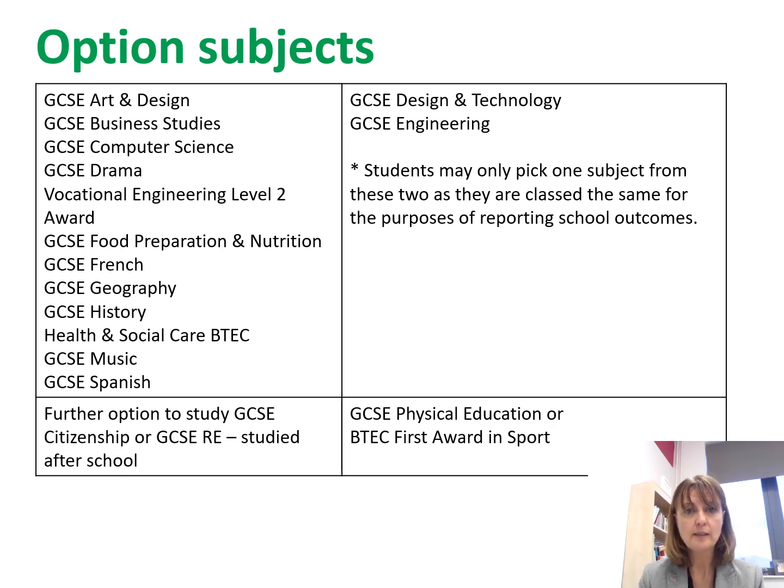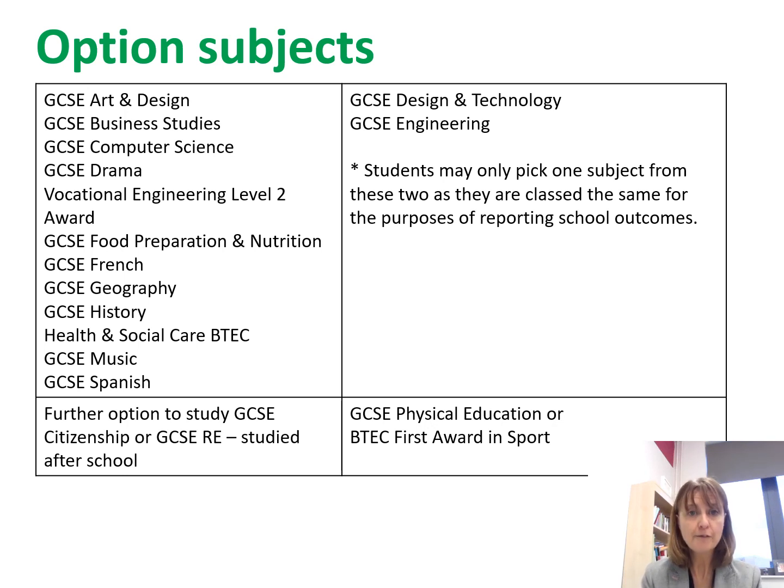Similarly with GCSE PE or the BTEC first award in sport, so the BTEC in PE, students can only choose one or the other. And finally, just to make sure I'm as clear as I can be, there is that further option to study GCSE citizenship or GCSE RE delivered through the twilight, building on the statutory element during the working week.